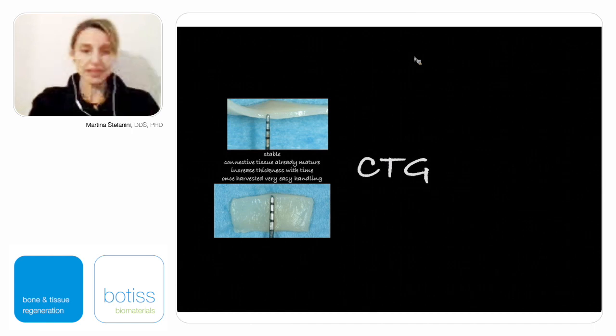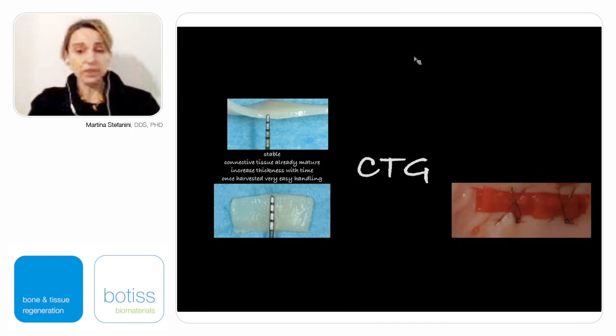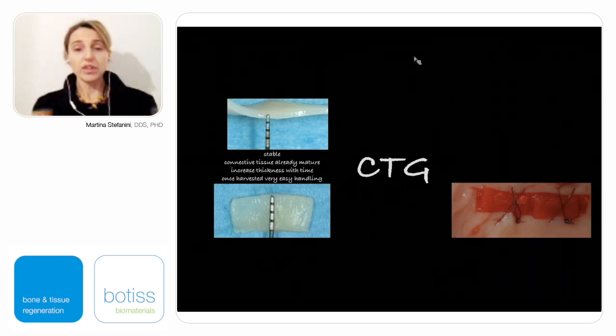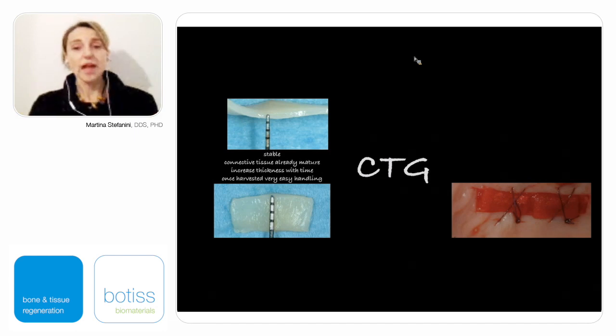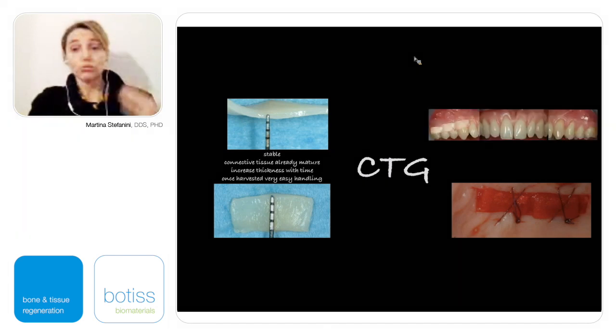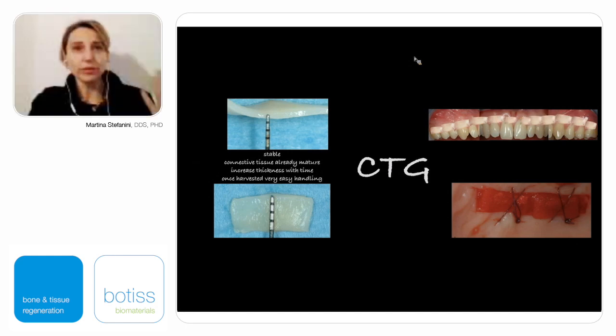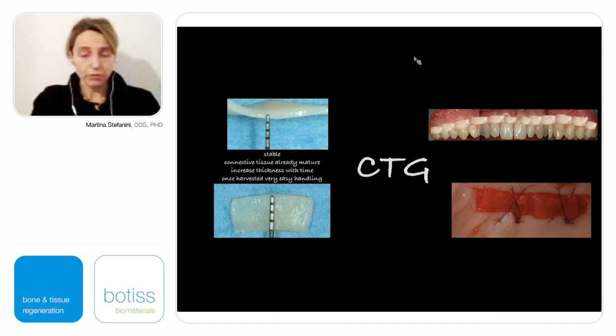But on the other side, harvesting the connective tissue graft from the palate means two surgical areas for our patient. So that means increased morbidity for the patient, longer surgery, and especially in the treatment of multiple gingival recessions, if we need to have connective tissue for more than one recession, we need to harvest a lot of palate, a lot of tissue, and that means that for the patient, the post-op will be painful.